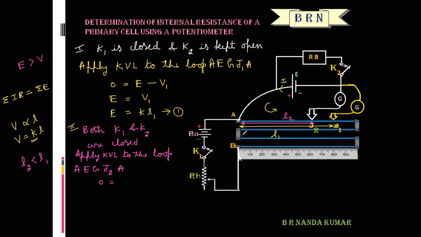On the RHS, one is the anti-clockwise EMF, another one is clockwise. So this is the terminal potential difference. Let us take that as V.